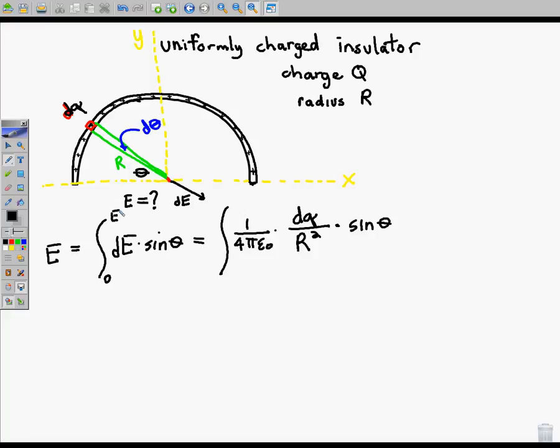But if you wanted it to be complete, you need to do it for all of the dq's, so this would be from 0 to Q. Again, if that bothers you, leave it off. But as I said in the past, most times we're not going to actually integrate over Q, and we're going to substitute dq as something else.